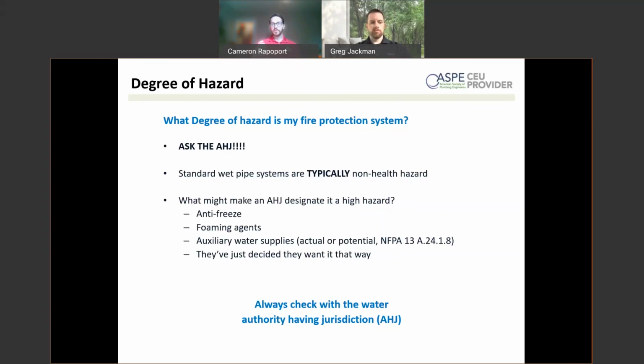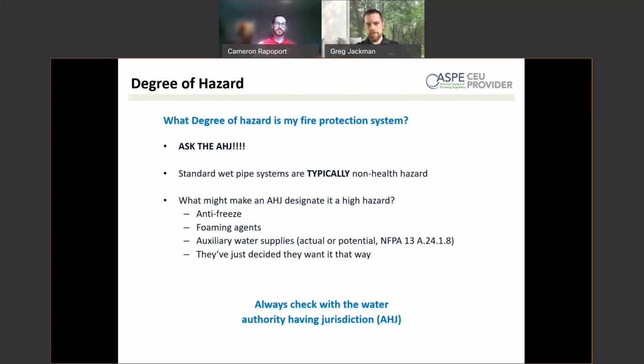So what can we do to a system that might make an AHJ designate it a health hazard? One is we can add chemicals. So antifreeze, even though there are a lot of antifreeze glycols out there now that are not health hazards, right? They're not poisonous. Those typically are still going to want to upgrade that backflow preventer to a health hazard type backflow preventer.